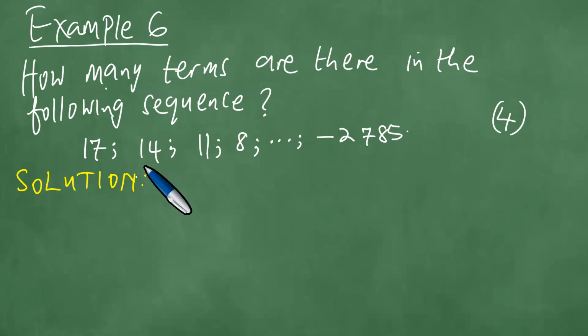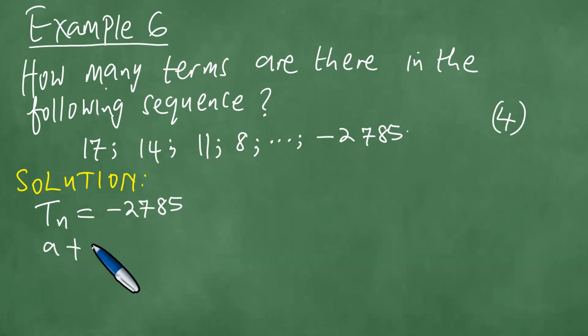They jumped over terms and put the last one. So the last term is minus 2785. And what is the formula for the last term?